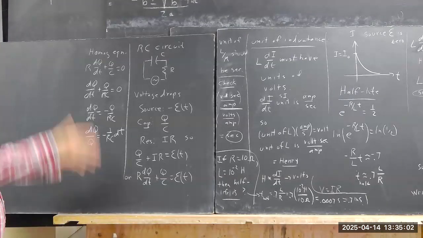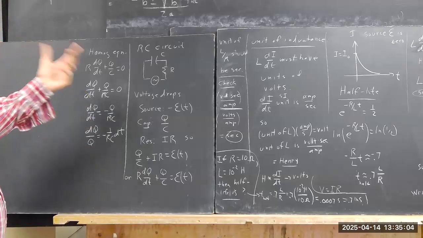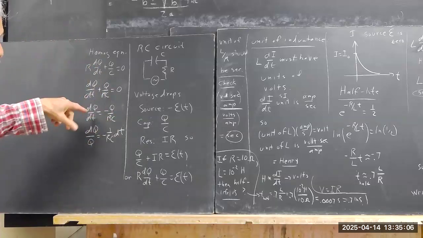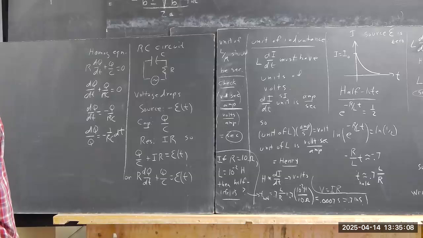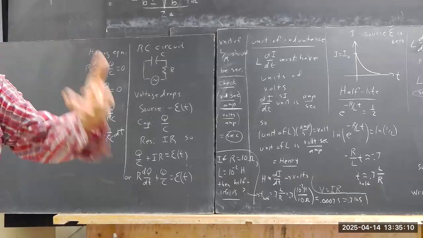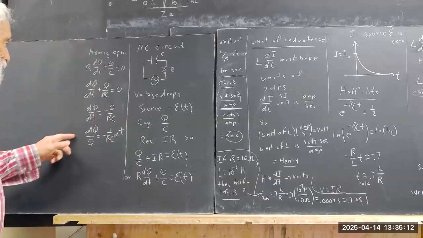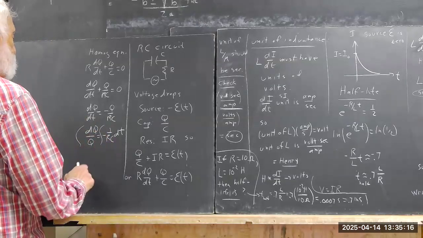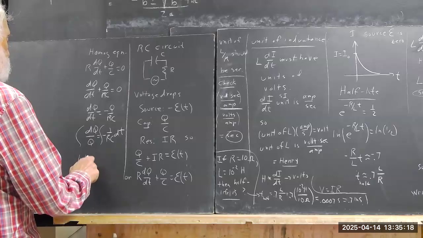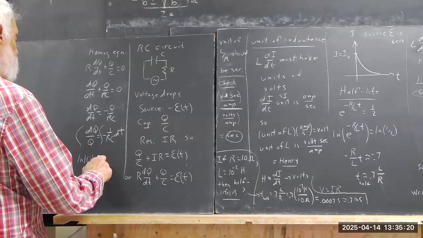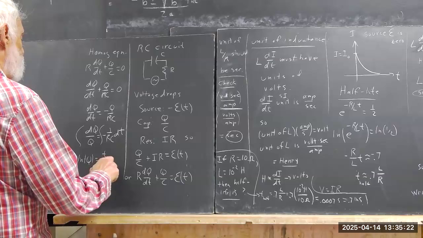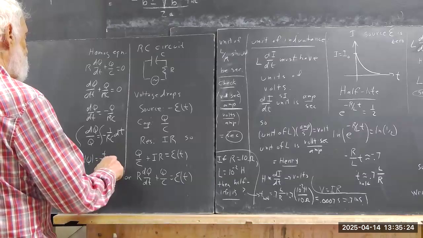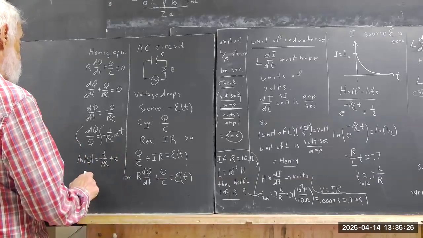Okay, that's what I get for skipping steps. So we integrate both sides, and we get the natural log of the absolute value of q equals negative t over RC plus a constant.